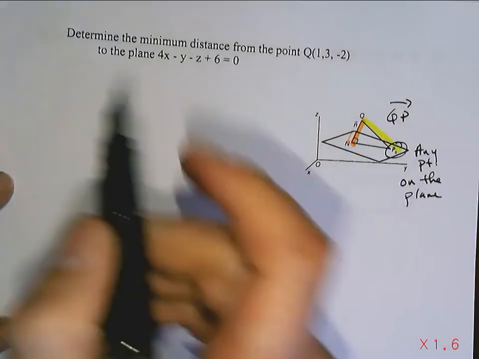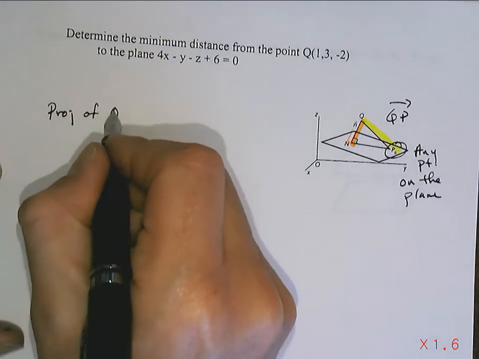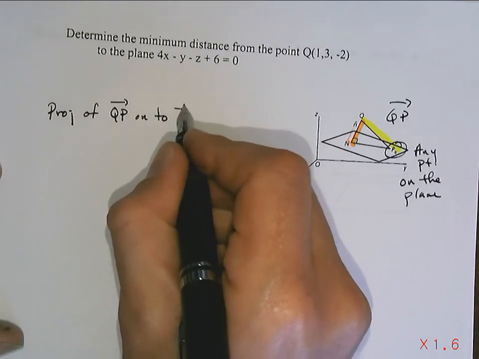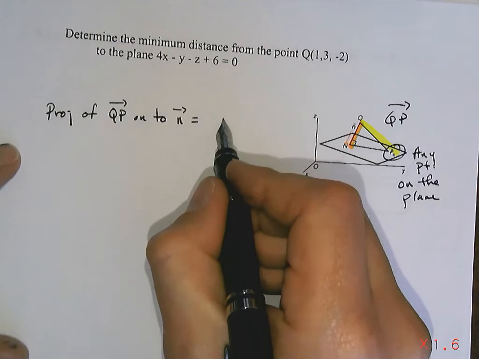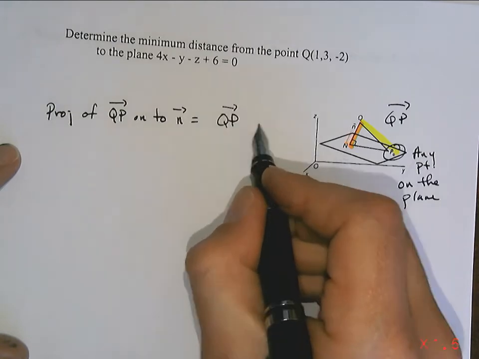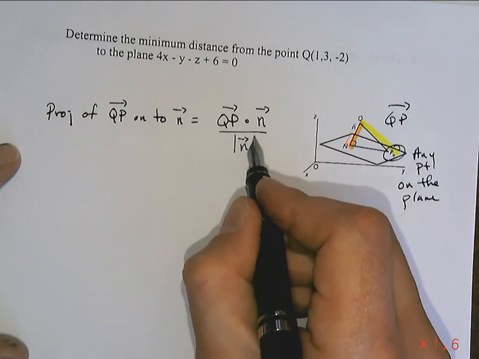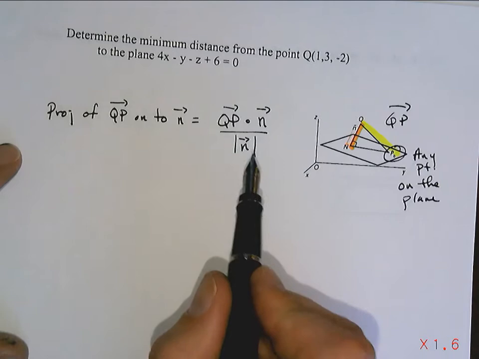Let's write it out. What they're actually asking for is the projection of QP onto the normal, which you should know the formula: QP dot N over magnitude of N. And that's going to be a distance, so this has to have a positive value.